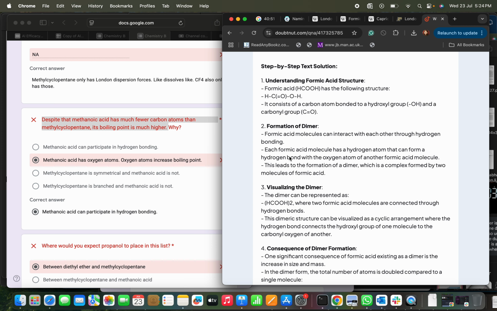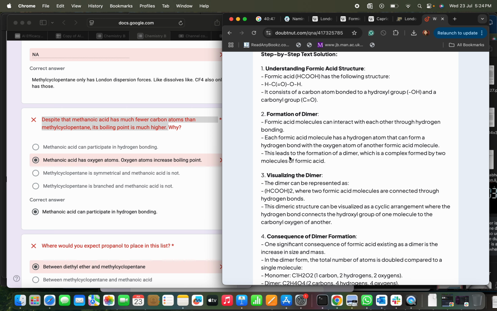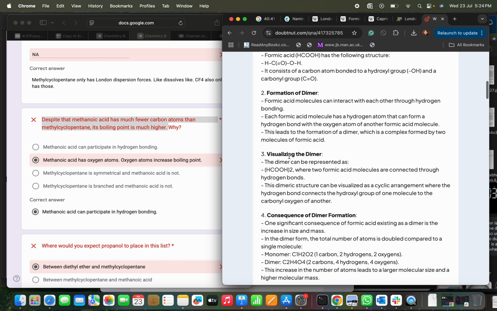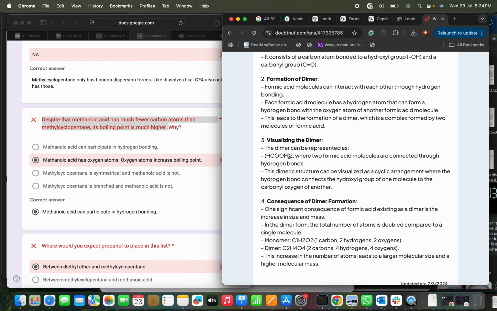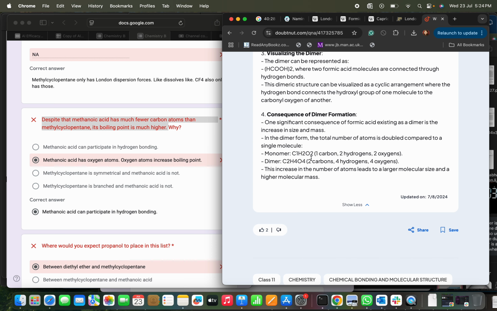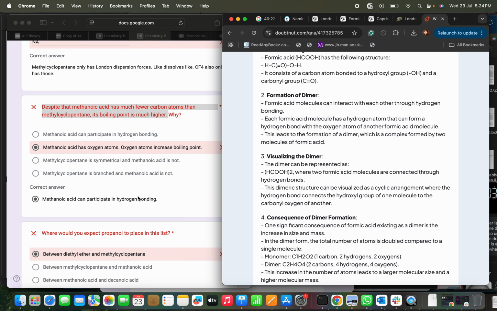Each formic acid molecule has a hydrogen atom that can form a hydrogen bond with the oxygen atom of another formic acid. Visualizing the dimer, it can be represented where two formic acids are connected in a cyclic arrangement.